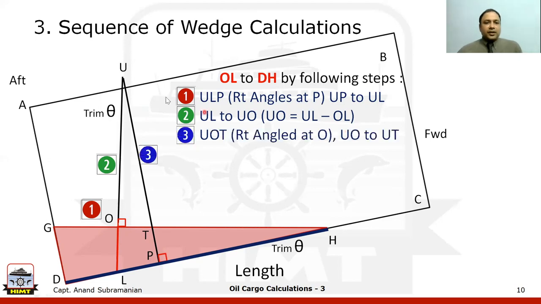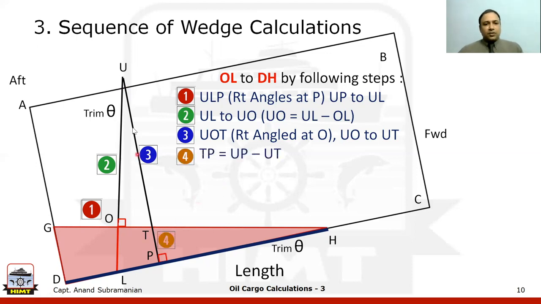The next step is to find the ullage which is parallel to the aft bulkhead. To find that, we are going to change over to a new triangle, the triangle UOT. In the triangle UOT, we have the trim theta, and we also have UO. Using these two values, we can find UT.